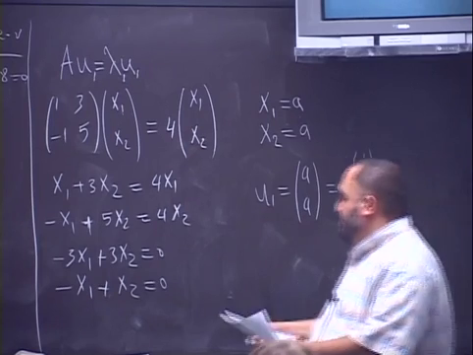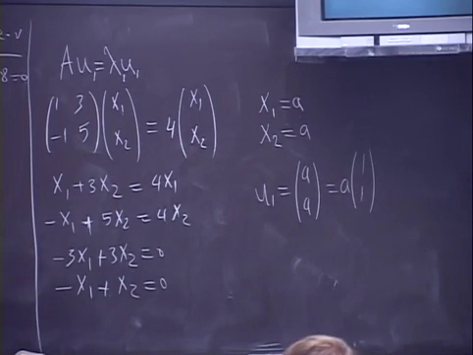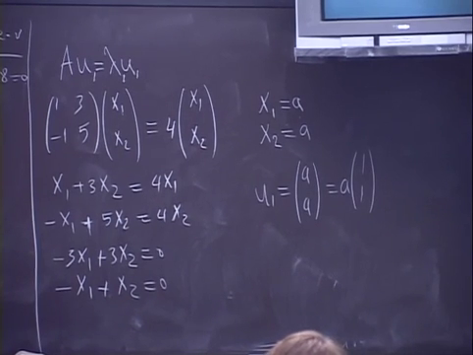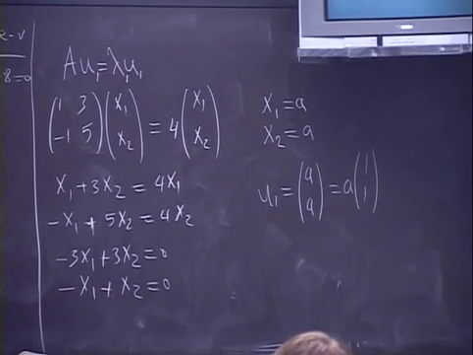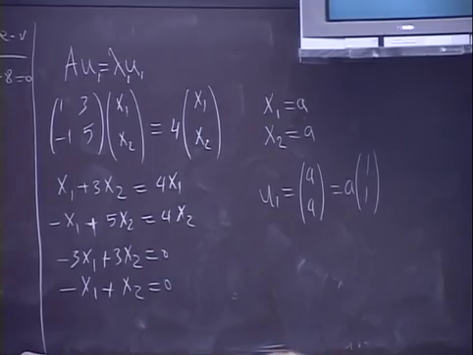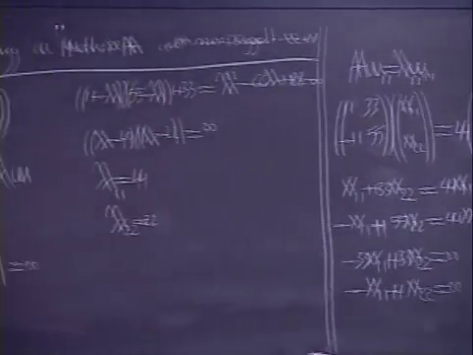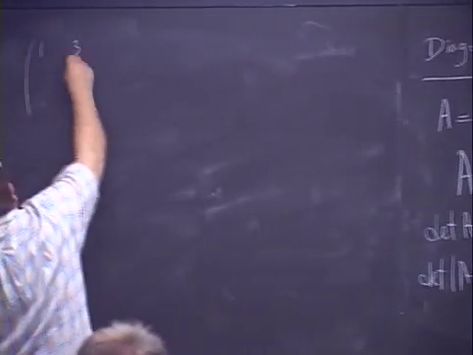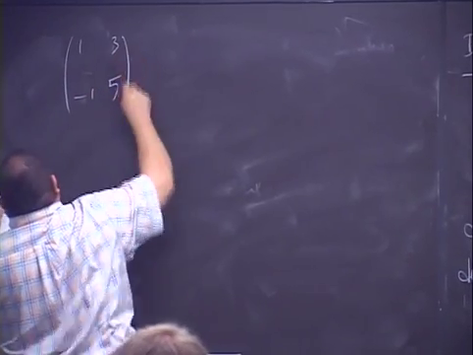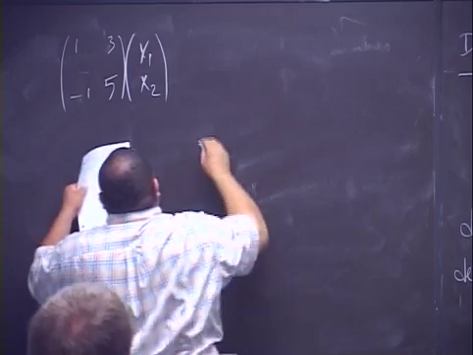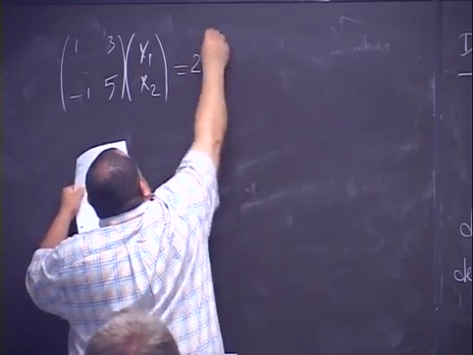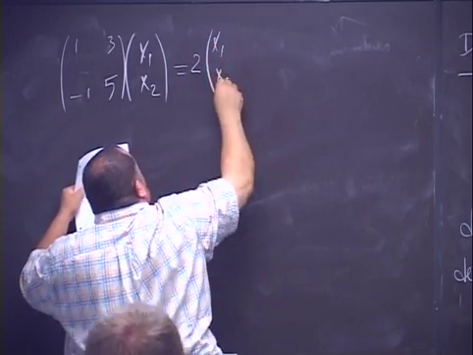So what about the other eigenvector? How can I get the other eigenvector, guys? Same process. So I will do what? The equation is 1, 3, negative 1, 5 multiplied by x1, x2 equal to 2 times x1, x2. The other eigenvalue now is 2.